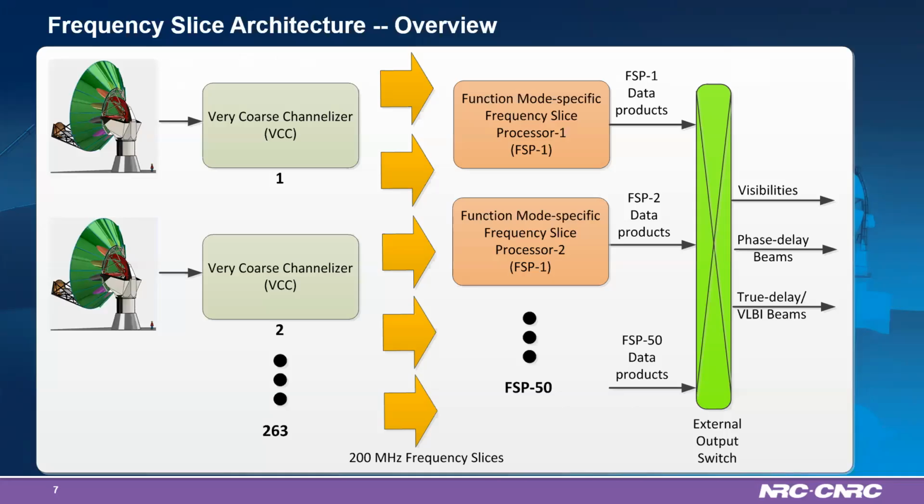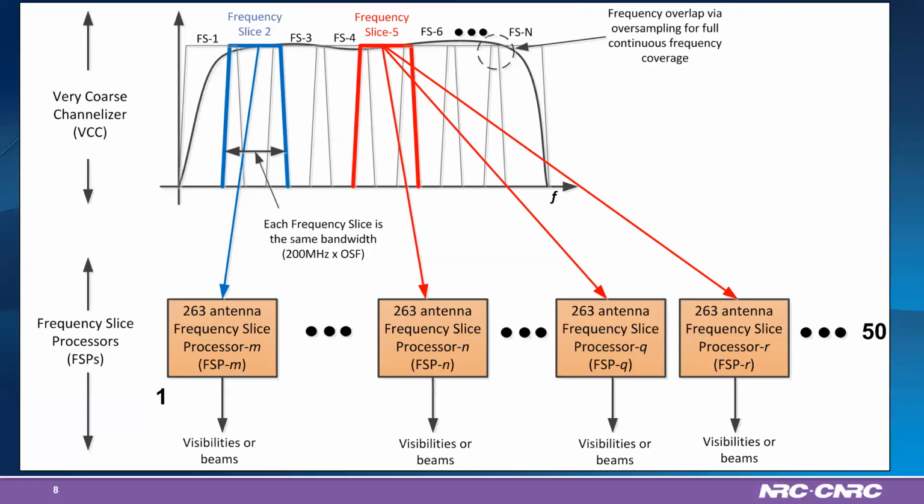So this graphic shows the frequency slice architecture tailored for NGVLA. So we have 263 very coarse channelizers that generate a bunch of frequency slices that can be distributed to any one of the 50 frequency slice processors, which then generate data products that go downstream to the archive or a science data processor or whoever needs to use them.